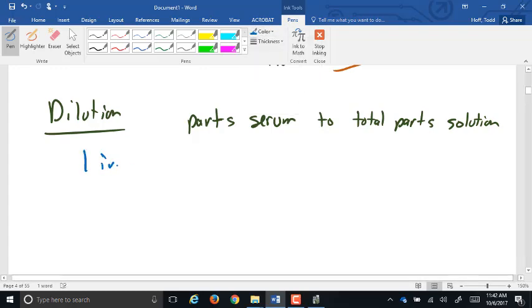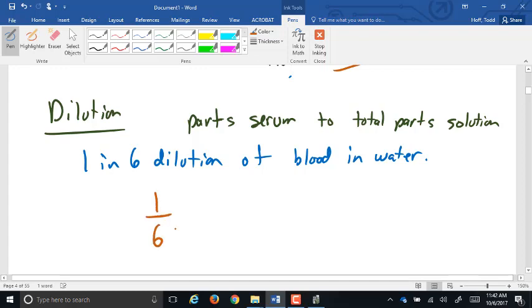So if I have a 1 in 6 dilution of, let's go, blood in water. So that 1 in 6 is 1 over 6. The 1, remember, stands for the serum, in this case, the blood. The 6 stands for the total solution.